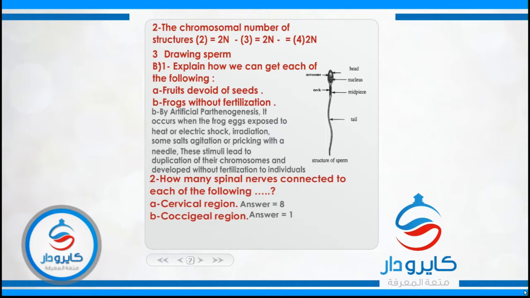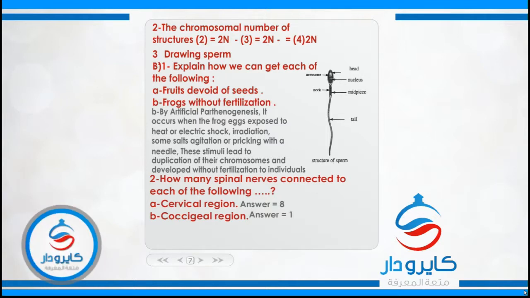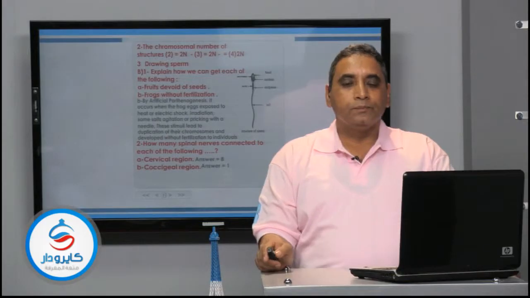But the coccygeal region, the coccyx consists of 4 fused vertebrae, which is called the sacrum part. So the coccygeal part is the tail part, containing or producing 1 pair of the spinal nerves. So the cervical region produces 8 pairs, but the coccygeal only 1 pair.